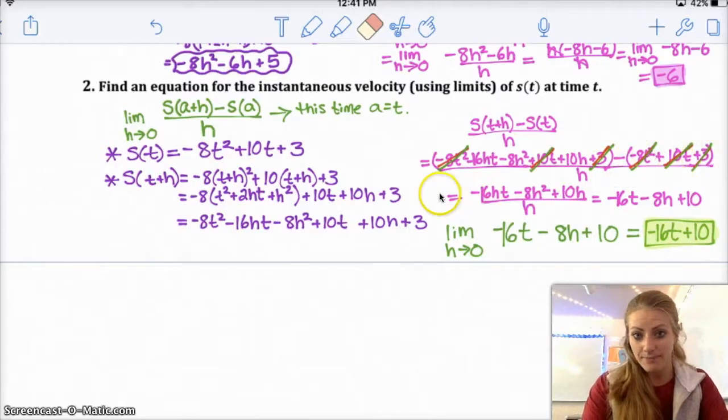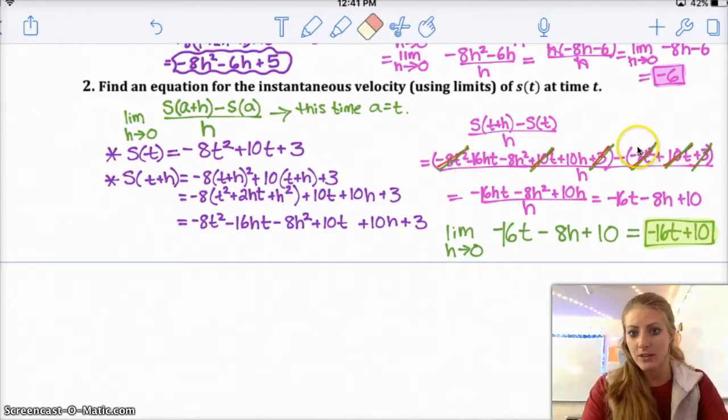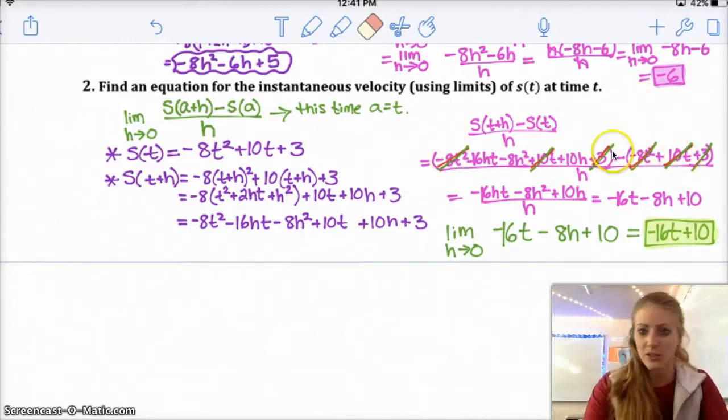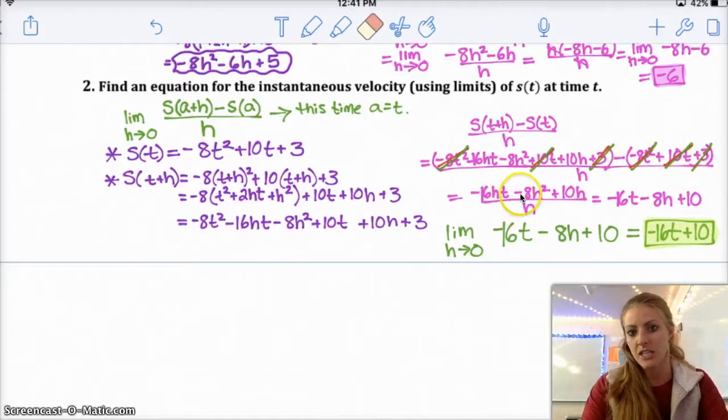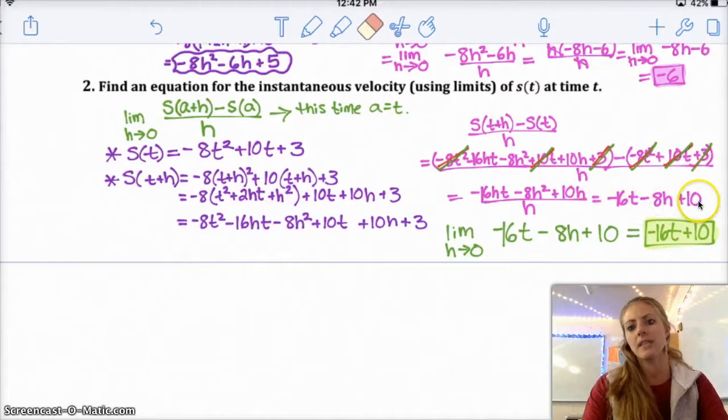And then the negative 8t squared cancels, the 10t and the 10t cancel, and the 3 and the 3 cancel, and I'm left with negative 16ht minus 8h squared plus 10h divided by h. And so if you cancel out the h's with the denominator, you get negative 16t minus 8h plus 10.